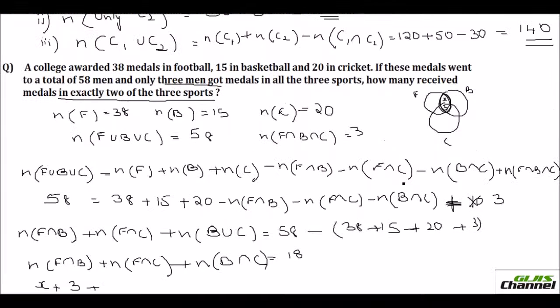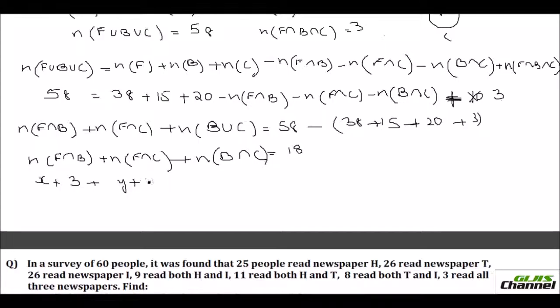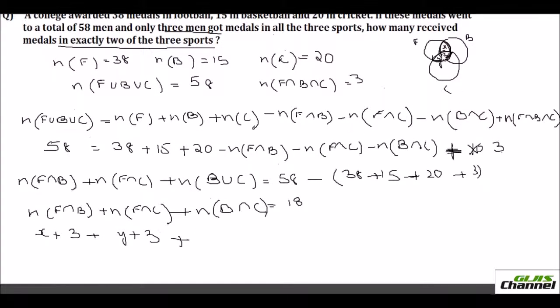So N of F intersection B is X plus 3. Next, F and C. F intersection C is this, right? So it has some more portion which I take as Y. So this would be Y plus 3. And the last one is B intersection C. B intersection C is this portion. You have 3 here, I just take this as Z. So that would be Z plus 3.